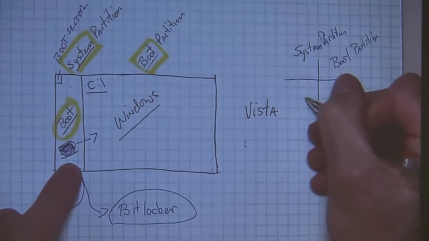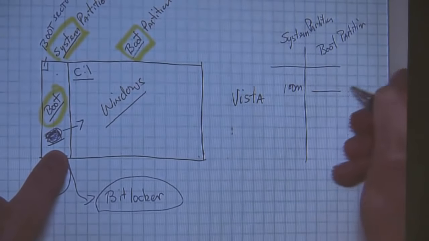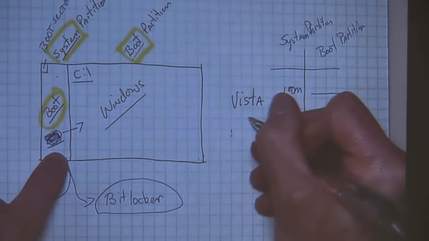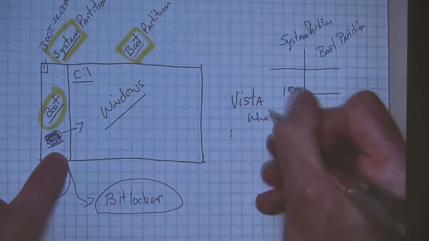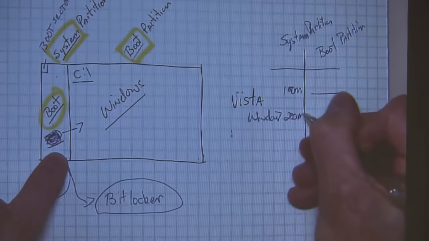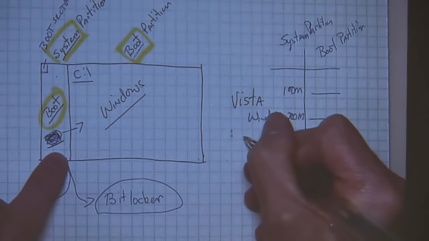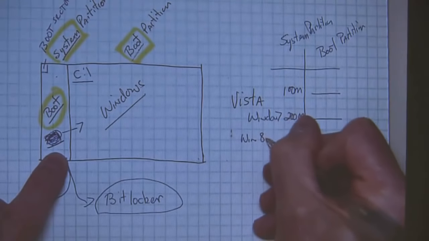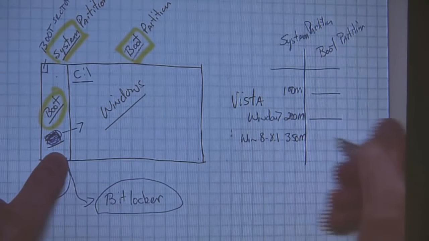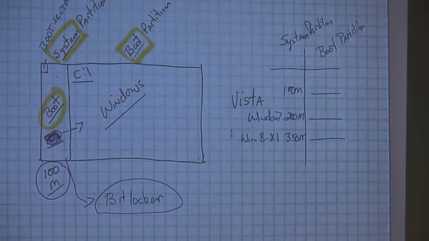Vista did 100 megs, and the rest of the hard drive was left for the boot partition. In Windows 7, it went to 200 megs, and the rest of the hard drive was left for the boot partition. With Windows 8 and 8.1, we're now at 350 megs, and the rest of the hard drive is left for the boot partition. Everybody there?